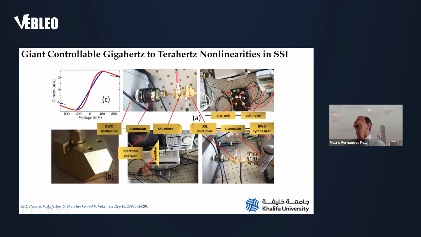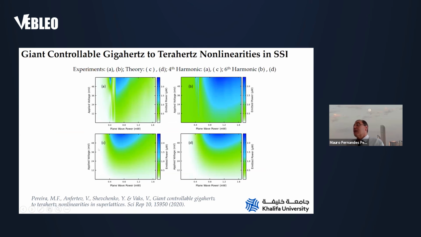So we have here two setups, one for detection and one for emission. For detection, we use similar wave mixing and we use heterodyne detection. You see here, we have the superlattice being used in both source and detector for these frequencies. And the superlattices are housed in waveguides like this. So what we get, this is very nice. You see here, fourth harmonic and sixth harmonic.